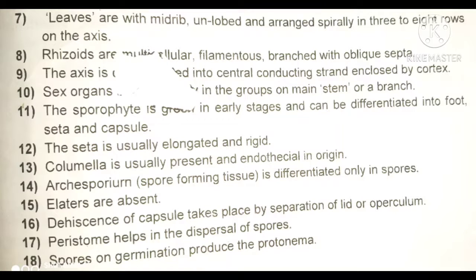They germinate and form a protonema, and then the gametophyte develops again. So these are the different characteristic features of the remaining two classes of Bryophyta. After this, we also have to study the representative examples from each class.